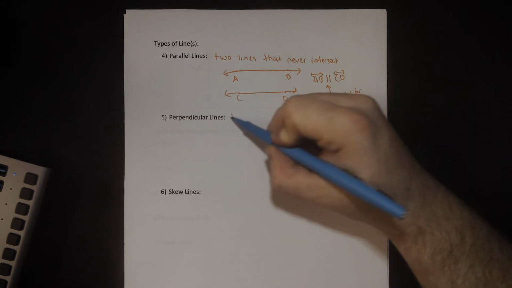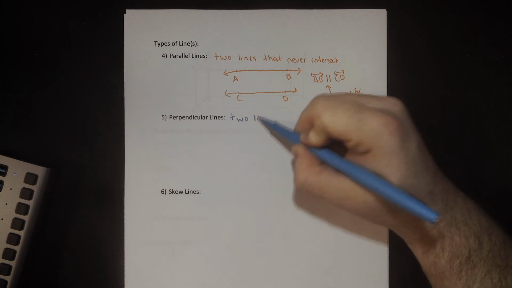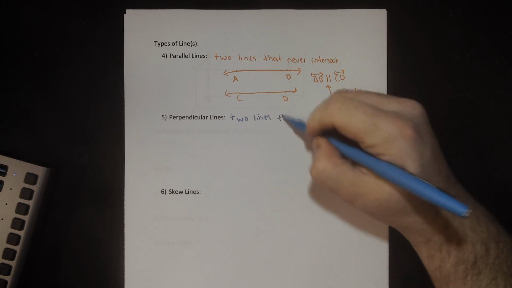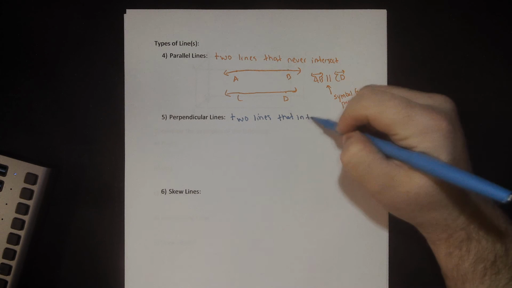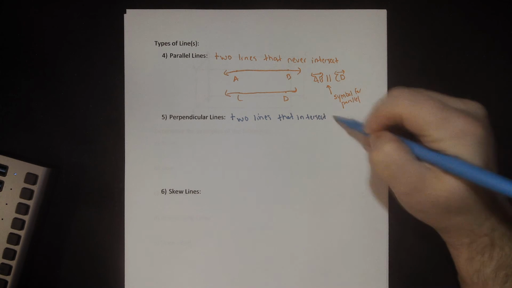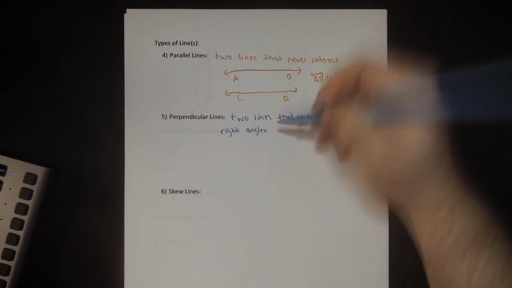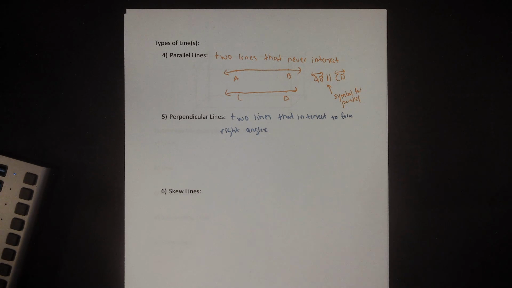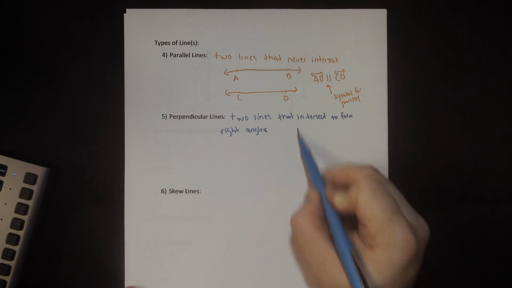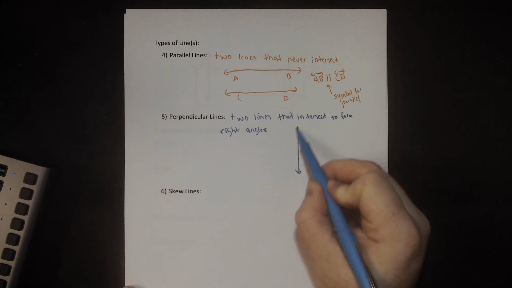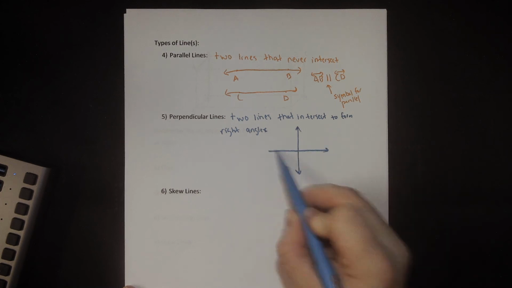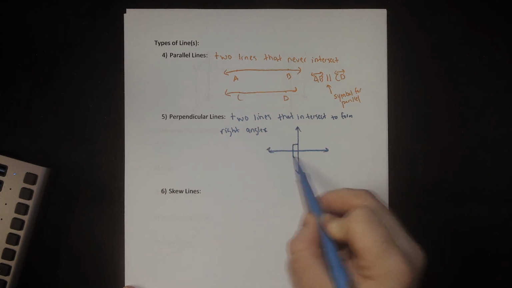But there are two lines that intersect to form right angles. So what it looks like is basically them crossing just like this to form right angles.